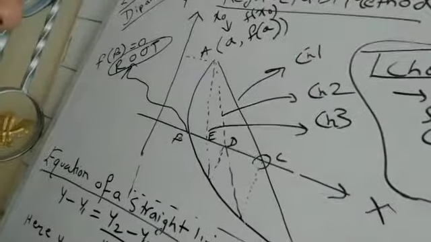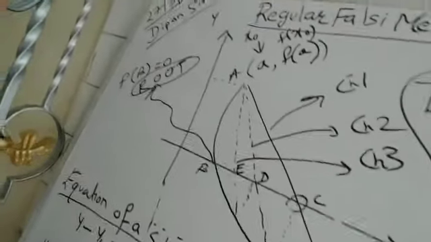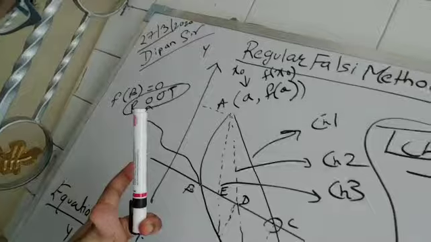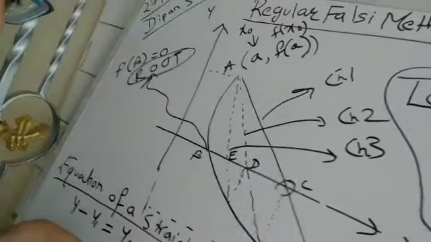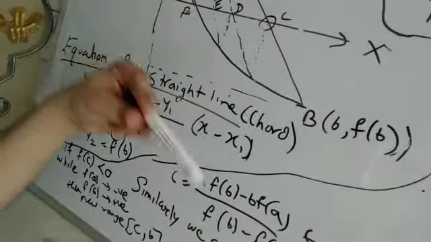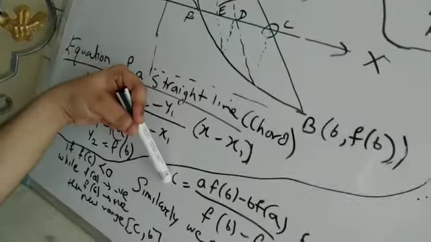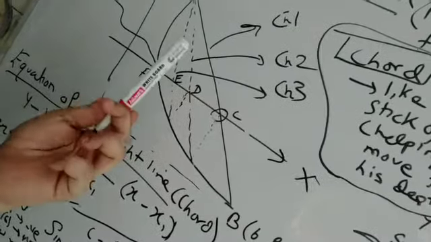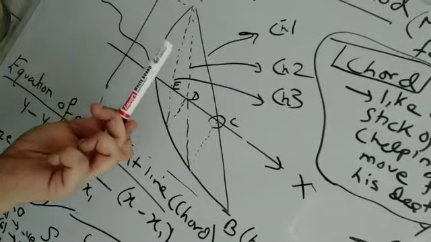One thing you need to remember is that my first range was A to B. Then I found the new value of C. Then, depending on the function value at C, whether it is positive or negative, since here it is negative, I have shifted the point.